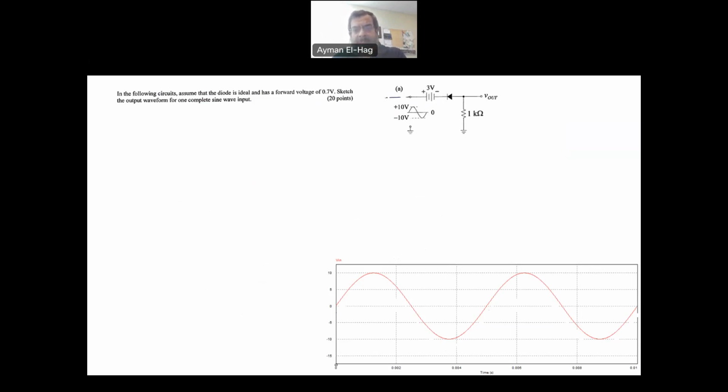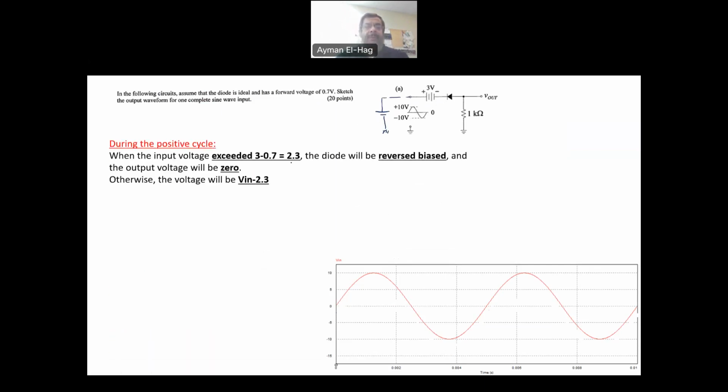Now let's see what will happen when the voltage is in the positive polarity. As I mentioned, the diode is forward biased. For the diode to become reverse biased, this voltage has to exceed the 3 volts minus the voltage across the diode, which is 0.7.